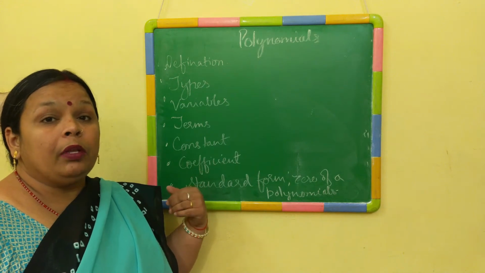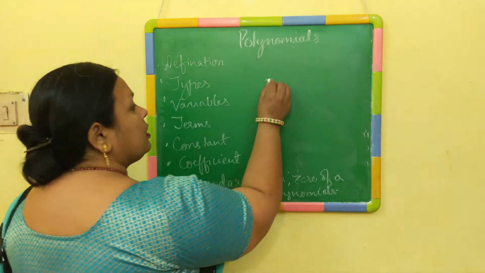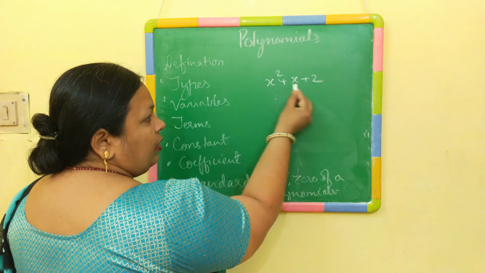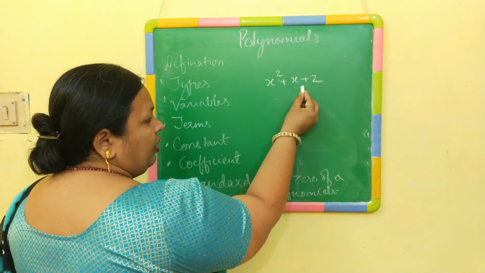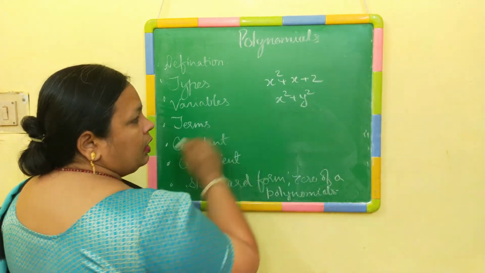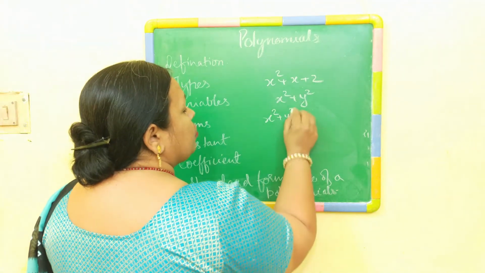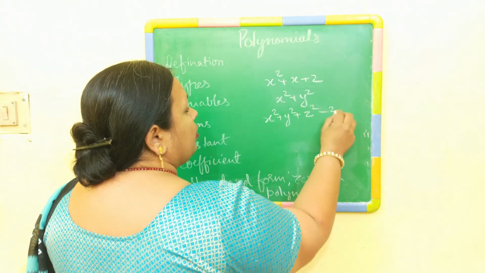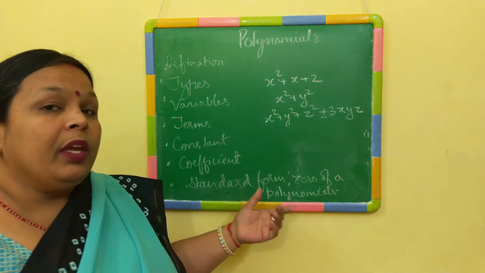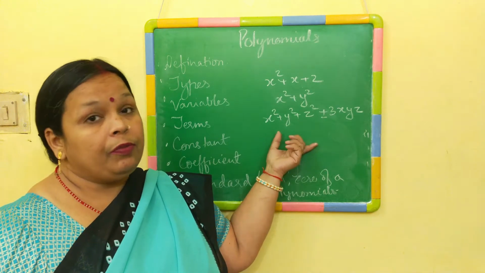So what is single variable, double variable and more than two variables? If we have an expression like x square plus x plus 2, this has only one variable, that is x. Whereas x square plus y square is an example of two variables. When we have x square plus y square plus z square minus 3xyz or plus 3xyz, we say that this expression is a polynomial in three different variables.